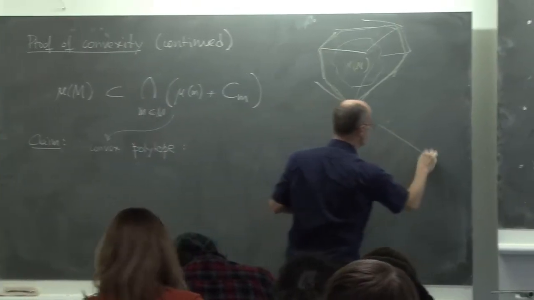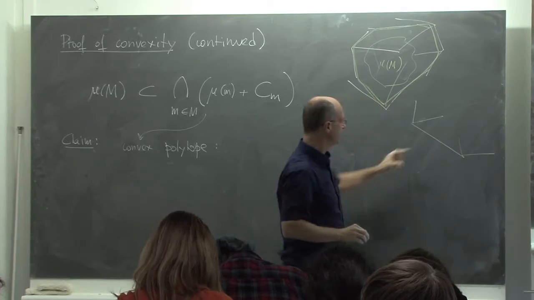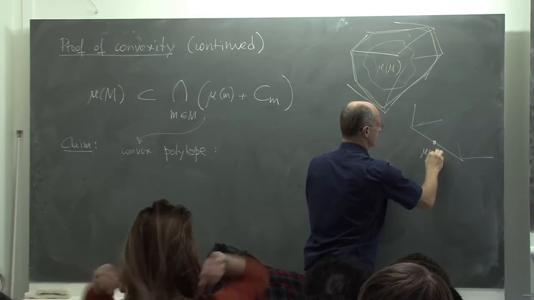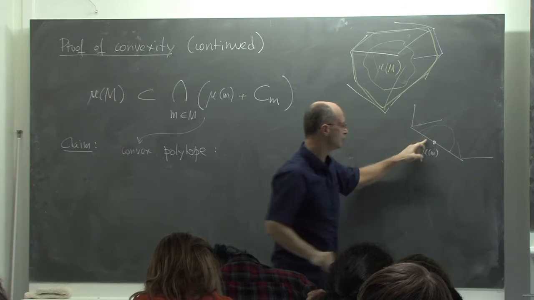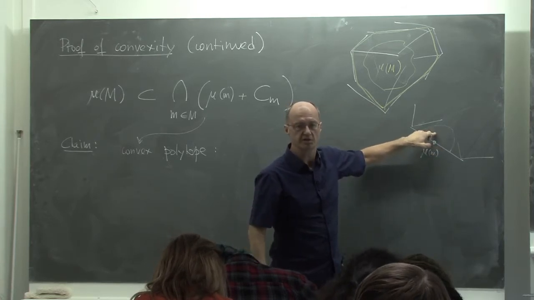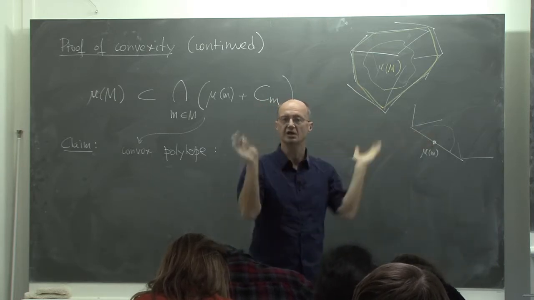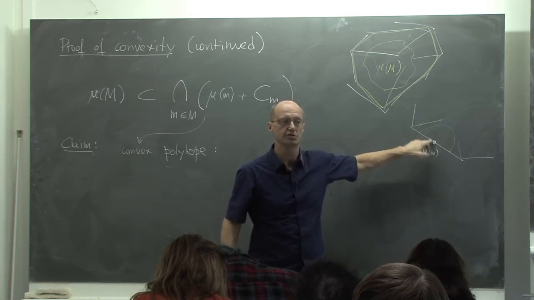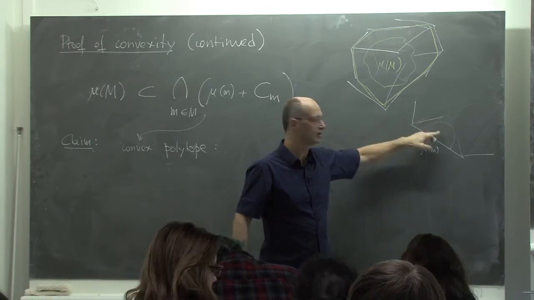Remember, there is this local normal form. So that's our point mu of m. Then, if you take those local normal forms for the neighboring points, then the corresponding cones will be equal or bigger than the one for mu of m. So for all the neighboring points, you will get this for the other points.